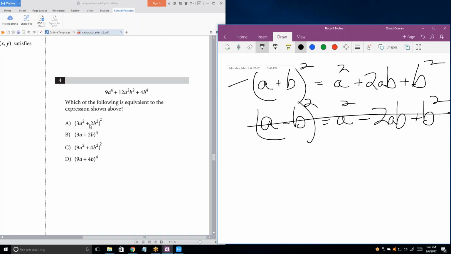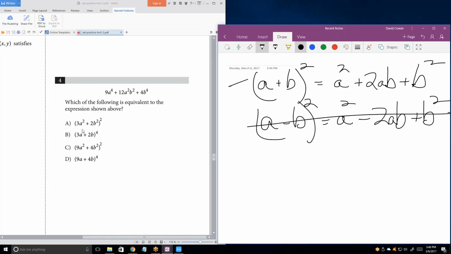Well, what's the first one produce? 9a to the 4th. Okay. So immediately that tells you that C and D can't be right. Because C produces 81a to the 4th. And D produces 81a to the 4th.